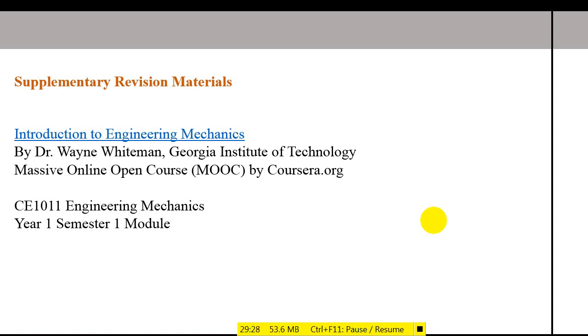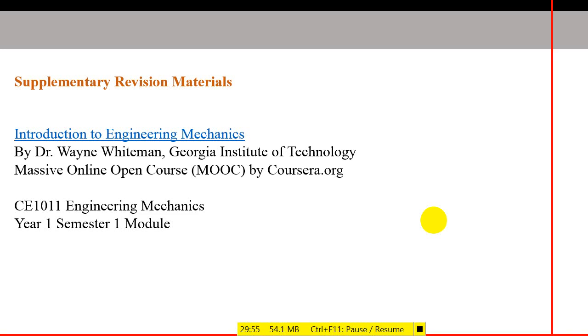It is an online platform where you can learn different materials. You can enroll, or you can just audit it. That means you don't get any certificate or anything, but you can also pay and get a certificate as well. So you can see the course by Wayne Whiteman on Introduction to Engineering Mechanics.